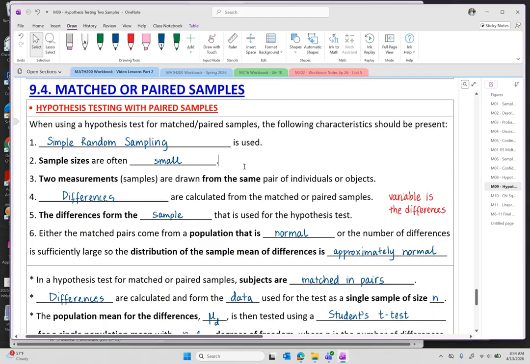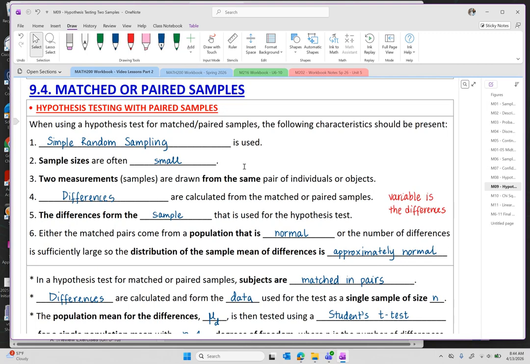So here we have a situation where we have used simple random sampling to select a usually small sample, and we will be doing a dependent population comparison.